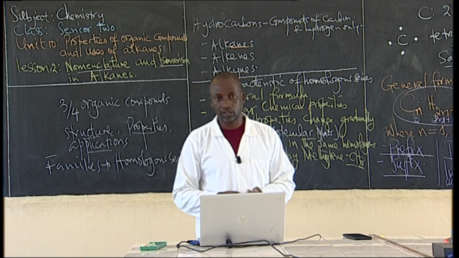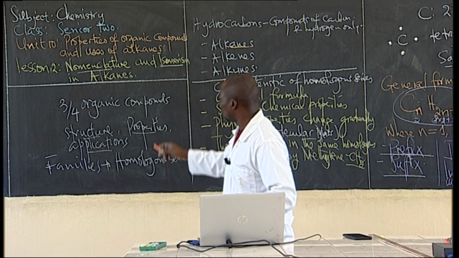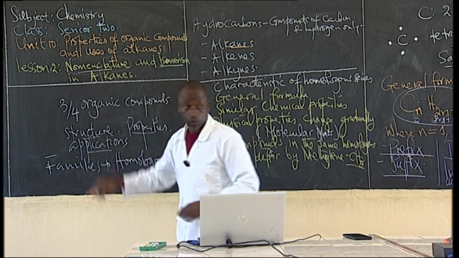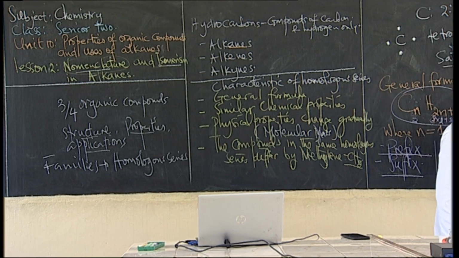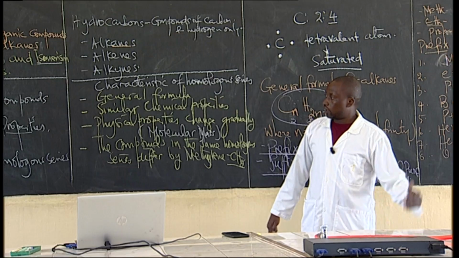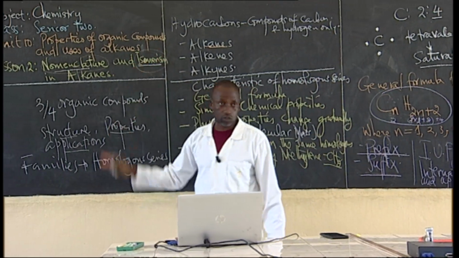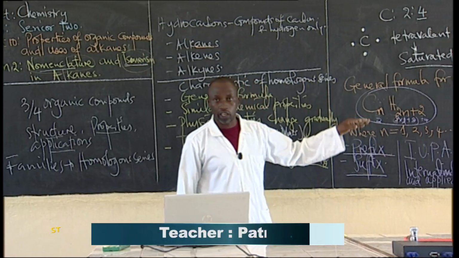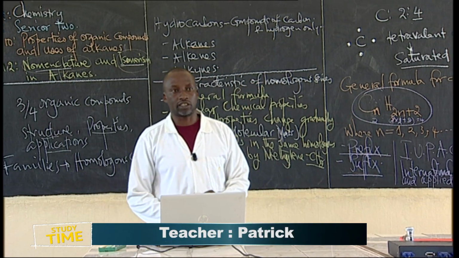Dear students, I hope this is what we were supposed to look at. We have looked at the nomenclature of these compounds up to carbon number 10, and then the isomerism, where we said isomers are molecules with the same molecular formula but different structures.